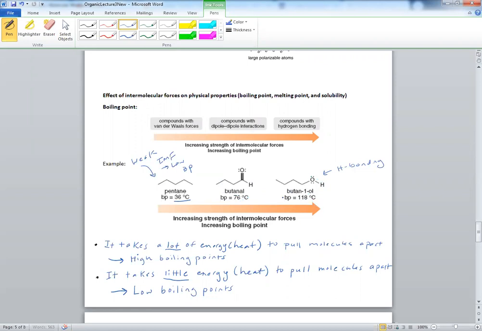Look how high. This is a huge, huge difference. So again, it takes more energy, so this would be high. Let's just write this down right here. Strong IMF, which results in a high boiling point.